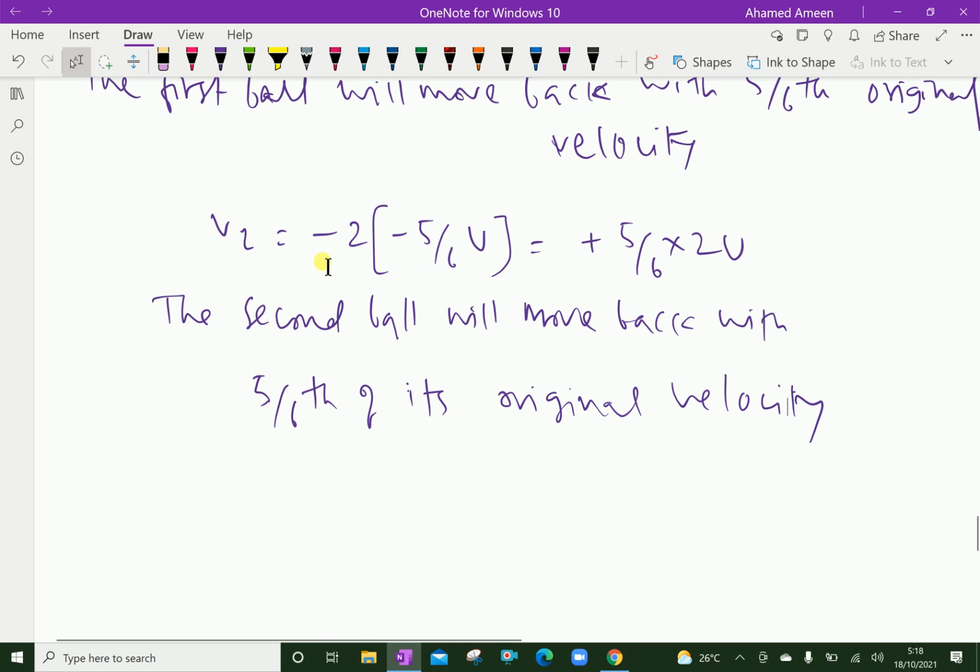V2 already has a minus sign in its original direction, but finally v2 is 5 over 6 of 2u. That means the second ball will move back with 5 over 6 of its original velocity.